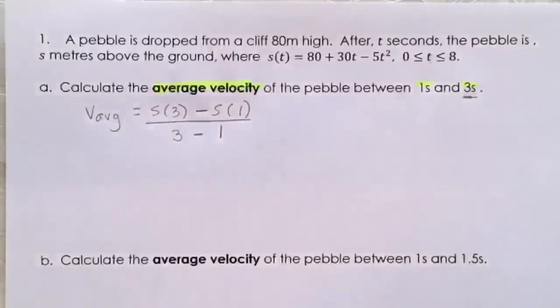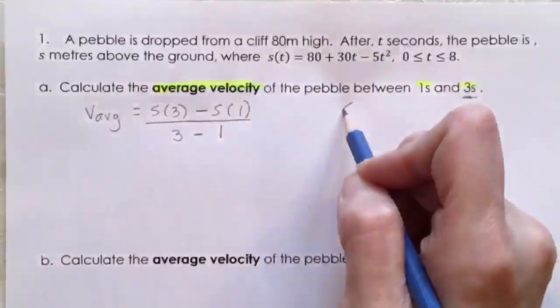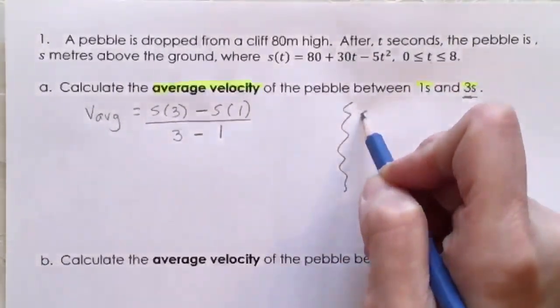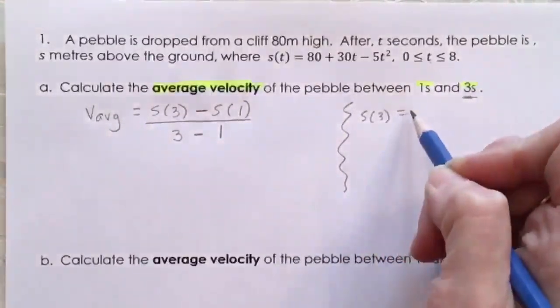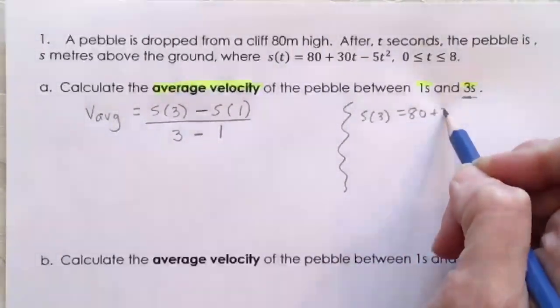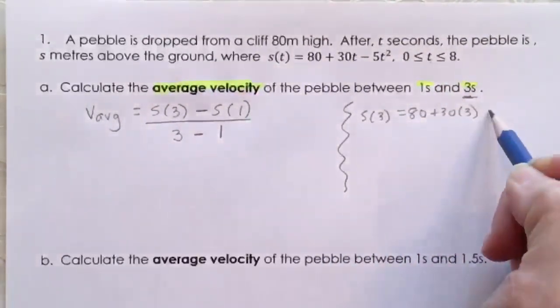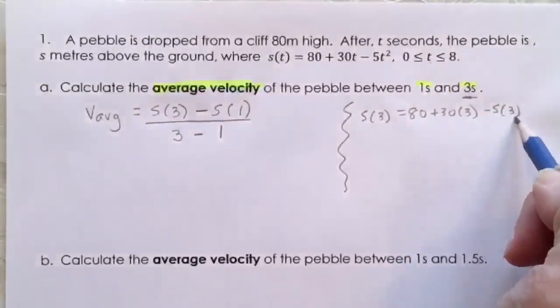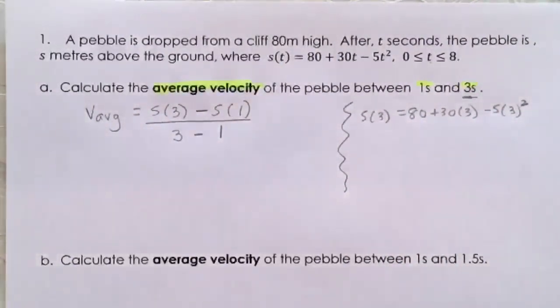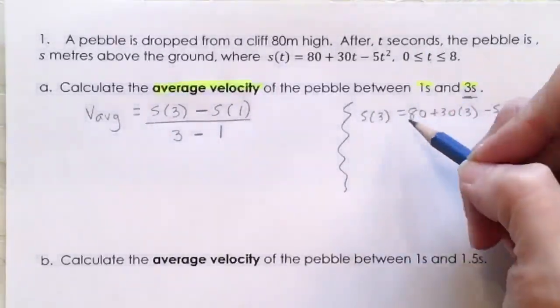Then we actually have to find out, so we'll do our little squiggly line here, what is s at 3? That's going to be 80 plus 30 times 3 minus 5 times 3 squared. You want to enter that into your calculator, and 80 plus 30 times 3 minus 5 times 3 squared gives you 125.